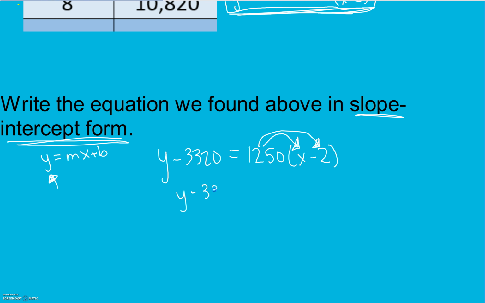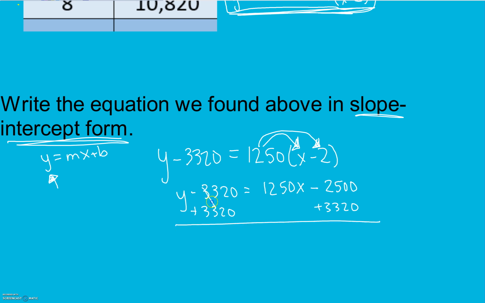Y minus 3320 equals 1250x minus 2500. We add 3320. And get 820. So this is our equation in slope-intercept form. And no matter which of the points above we would have used, we still would have gotten to this point.